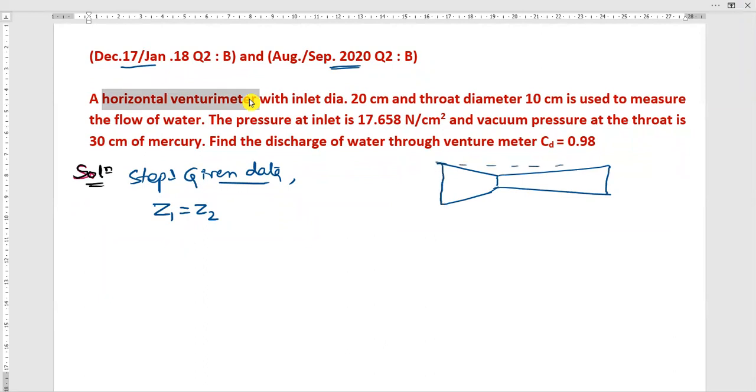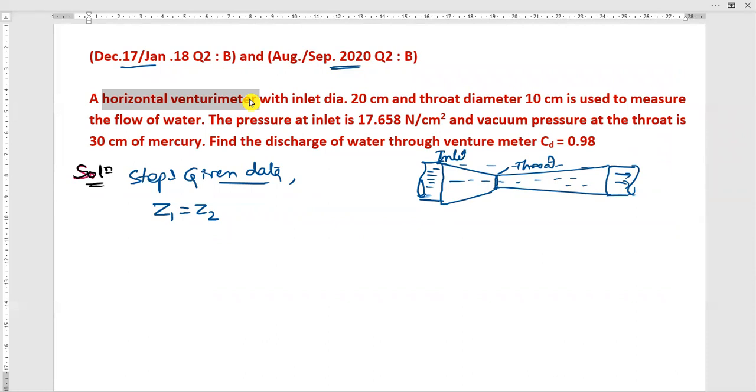So this is a venturimeter. The inlet of the venturimeter is connected to a pipe through which some liquid is flowing. The same liquid will flow through the venturimeter, and the other end of the venturimeter is also connected to a pipe. So this portion is the throat and this is the inlet.